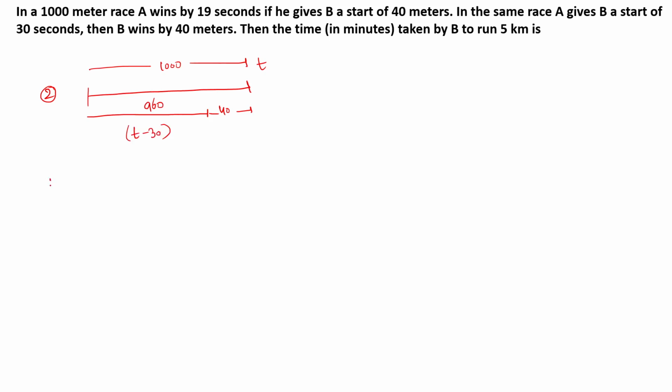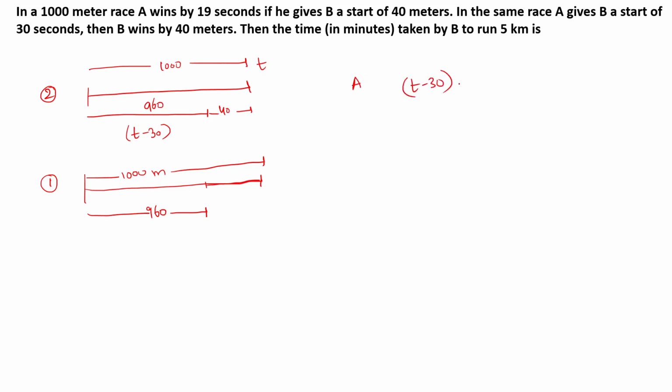Let's come to the first case where A finishes the race and B lags behind by 40 meters. So A has completed 1000 meters, B has completed only 960 meters. A has taken t minus 30 seconds for 960 meters.